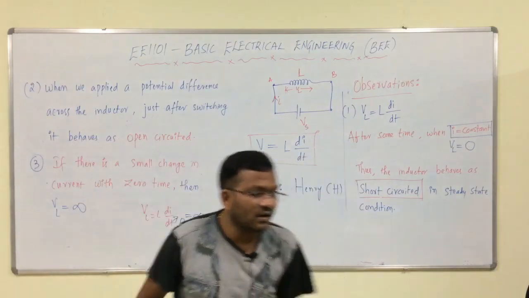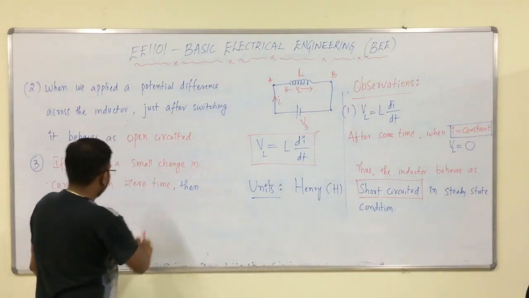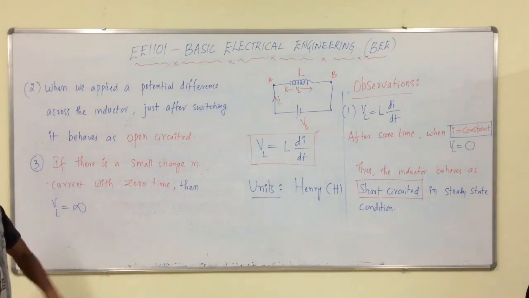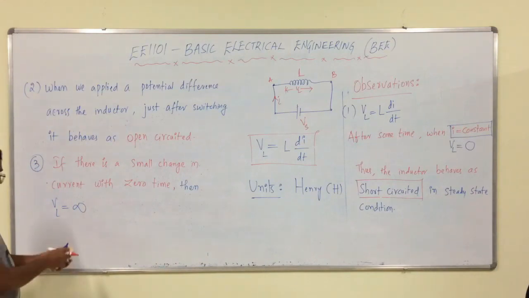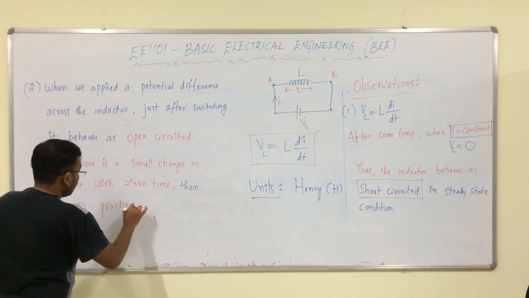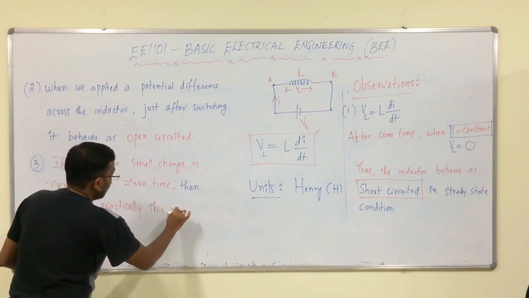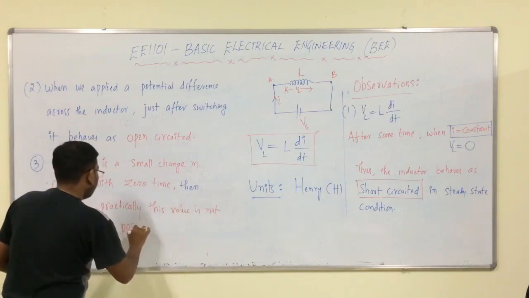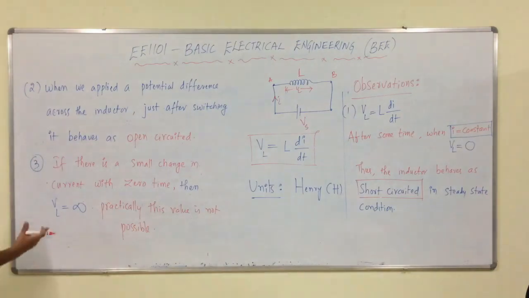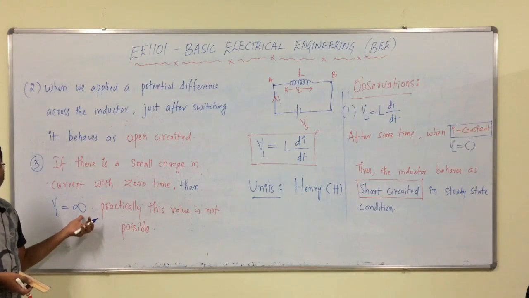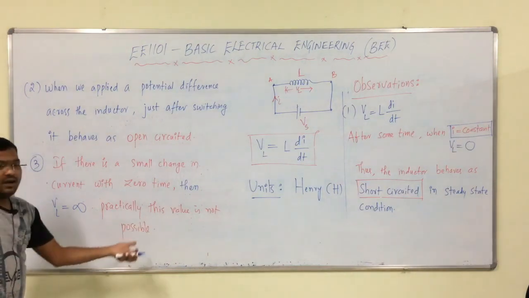The voltage across the inductor is infinite. Is it possible to get this value of voltage in the inductor? Practically this value is not possible. We are not getting this much of voltage. Practically, this is not possible.